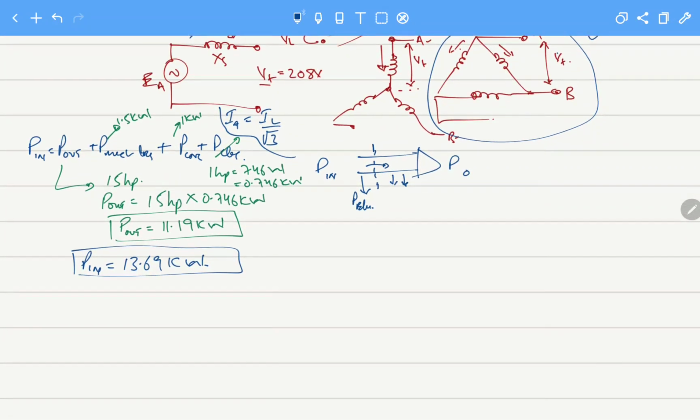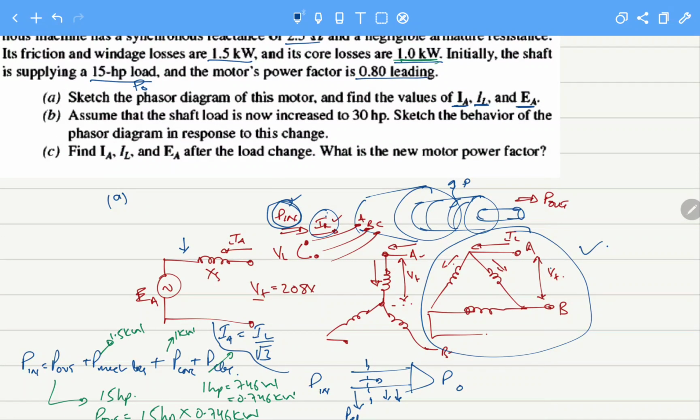Now if we know the input power, we can calculate the line current by the formula for three-phase power. Real power into the machine, P in, is equal to root 3 Vt IL cos theta. P in we have calculated, Vt we know. Do we know cos theta?